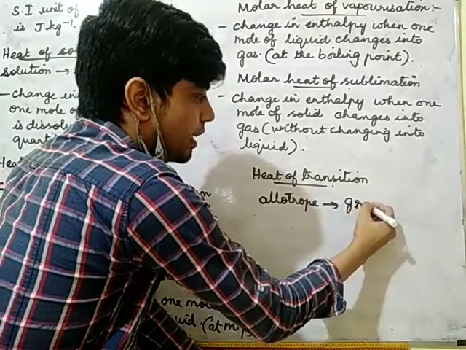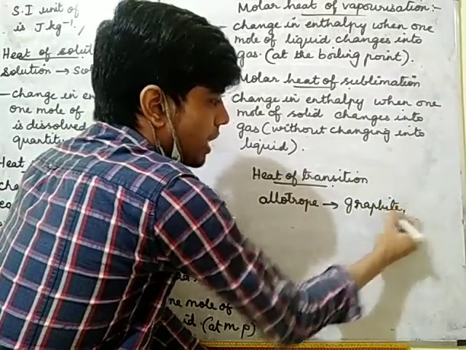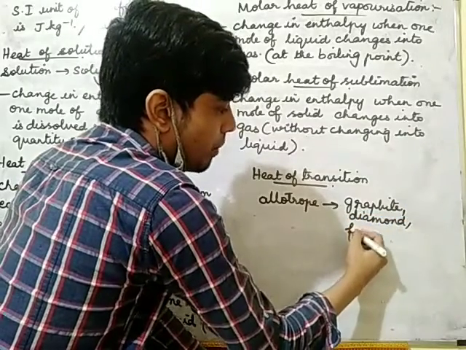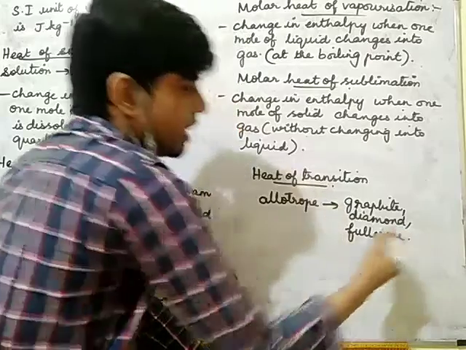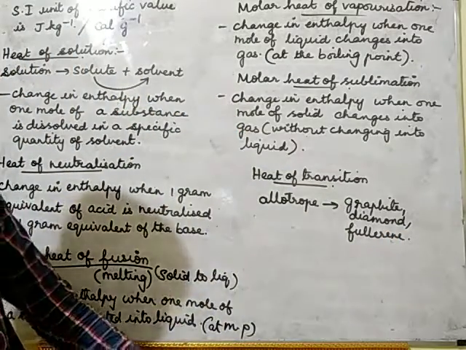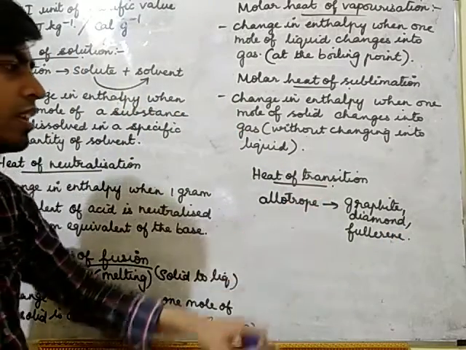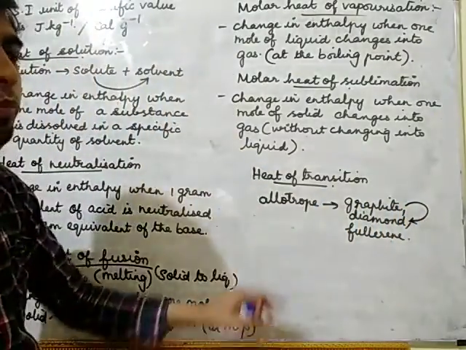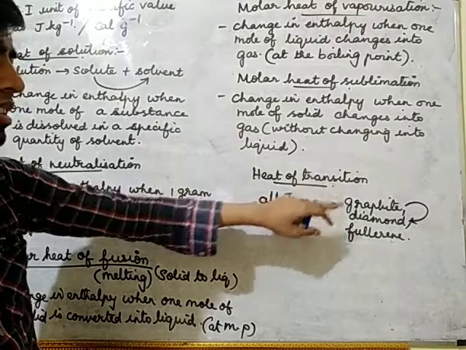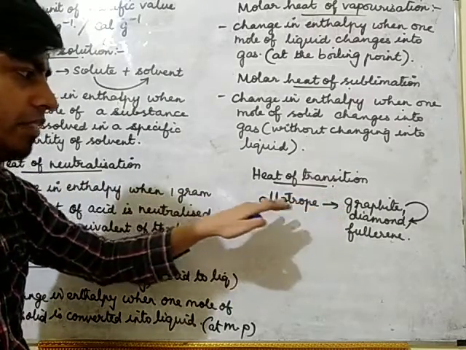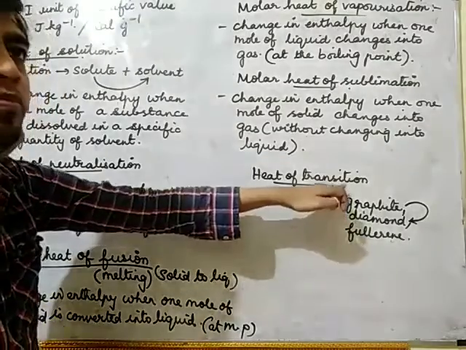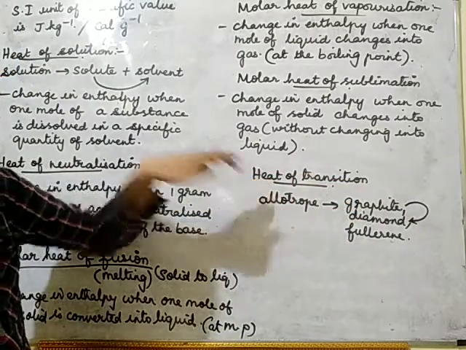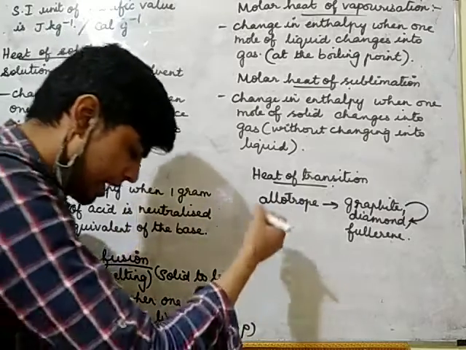Graphite, diamond and fullerene, from the Carbon and its compounds lesson. So transition means one allotrope changing into another allotrope. That is what is called transition. So when the element changes from one allotropic form to another, what will be the change in enthalpy? Write down.